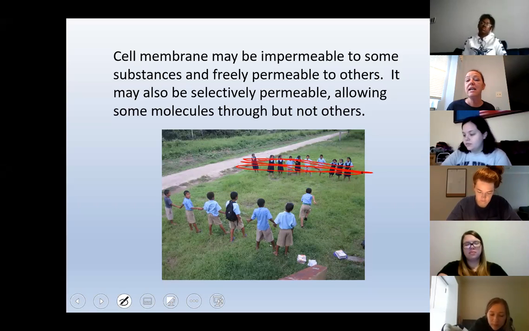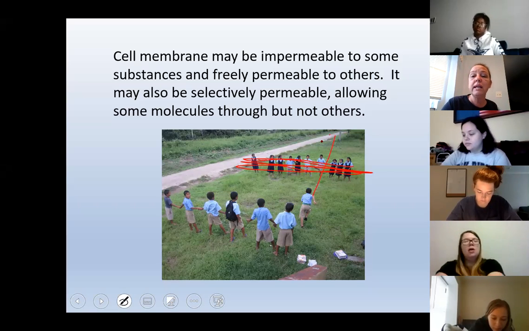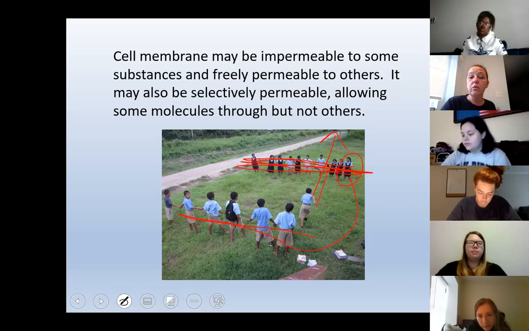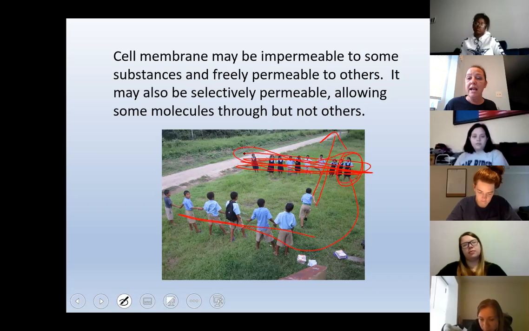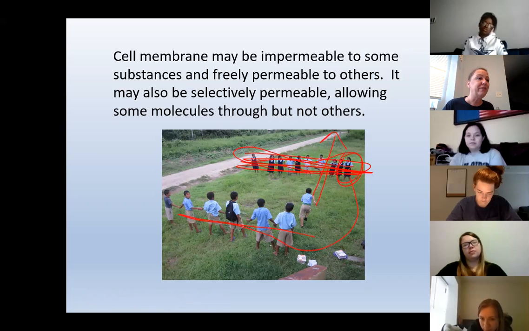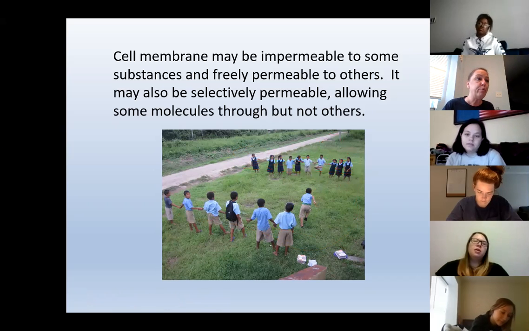And then the idea is, if she breaks through, she gets to pick one of these people to join this cell membrane. If she does not go through, she has to join this cell membrane.